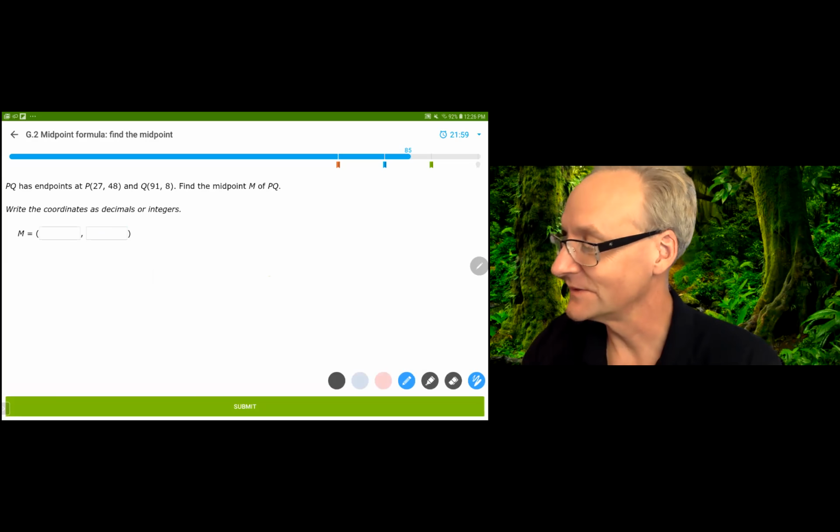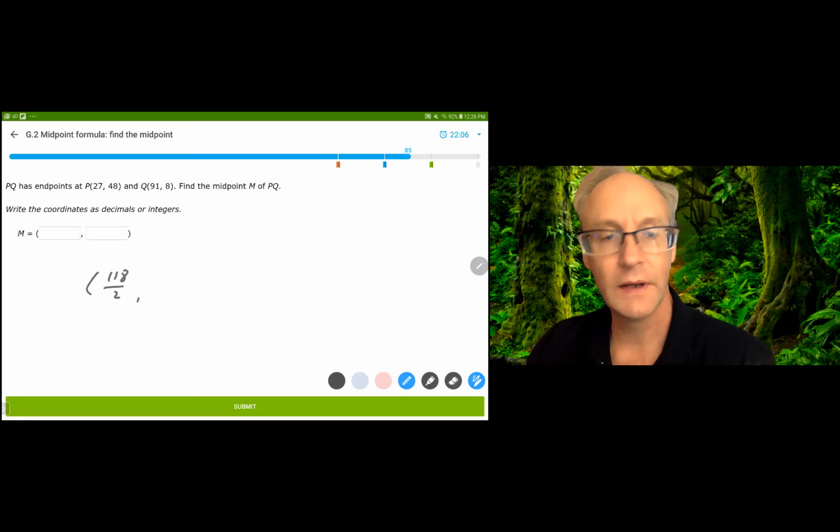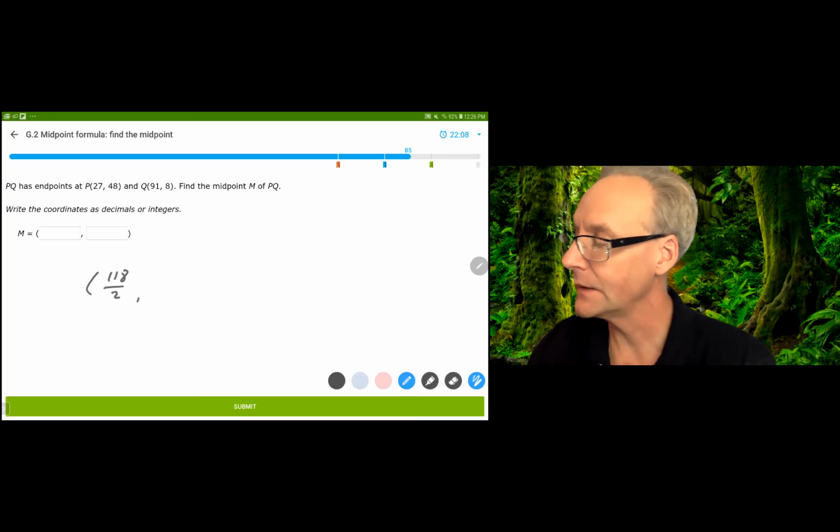See if I can make the challenge zone at least. All right, so it looks like we've got 118 over 2. The way that I said it should help you understand how I'm adding them. 48 and 8 is 56 over 2. And it looks like we have 59 and 28.